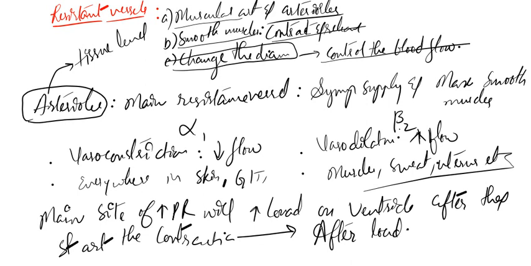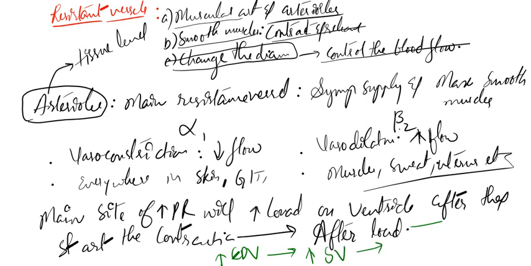Previously we discussed afterload. I will write here what is preload. If there is an increased end diastolic volume, what happens? It obviously increases the stroke volume.